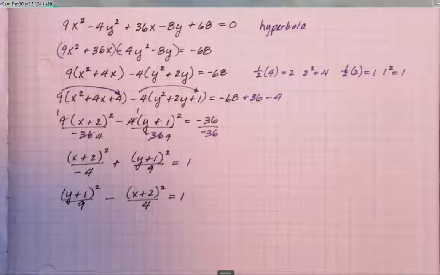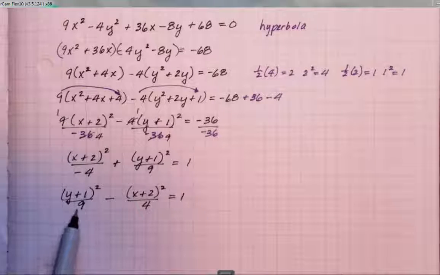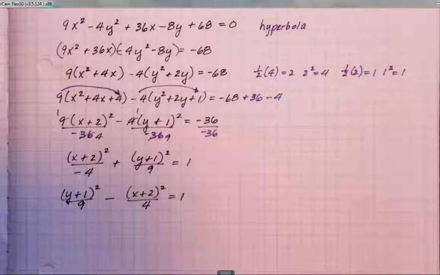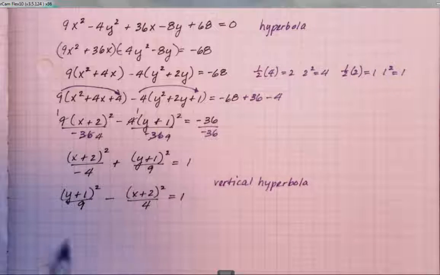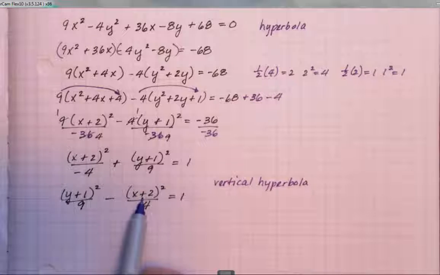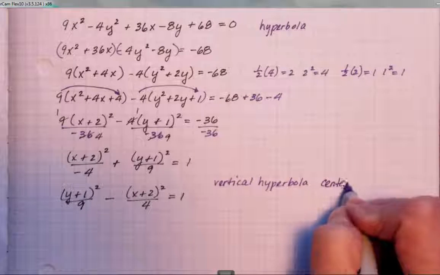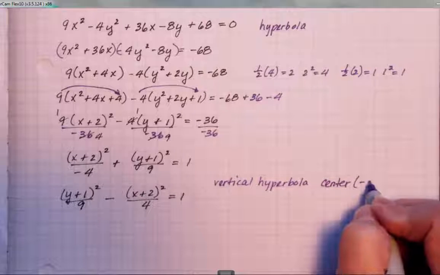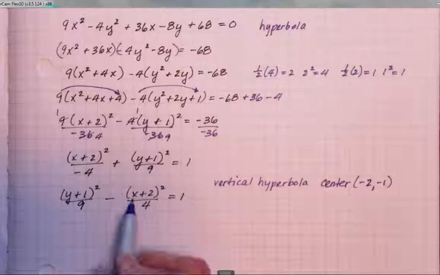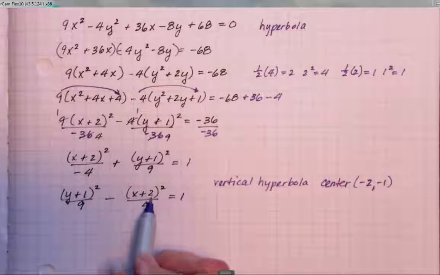So this tells me, since my y term is first, that we're talking about a vertical hyperbola. It's going to have center at negative 2, negative 1. So be careful when you're looking at the centers on these that you look at the x binomial first and then the y binomial.